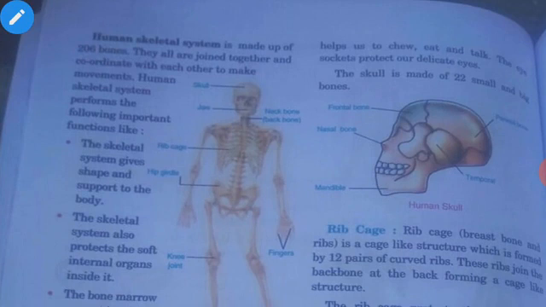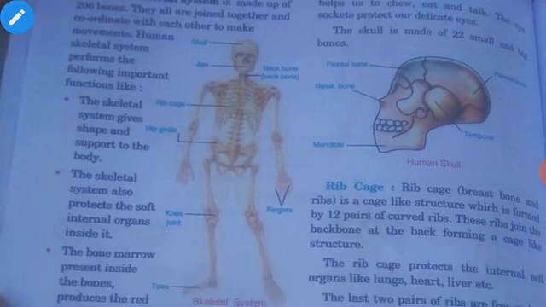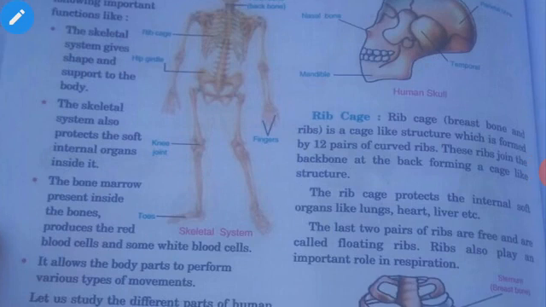It protects the soft internal organs inside it. The bone marrow present inside the bones produces red blood cells and some white blood cells. It also allows the body parts to perform various types of movements. These are the functions of the human skeletal system.